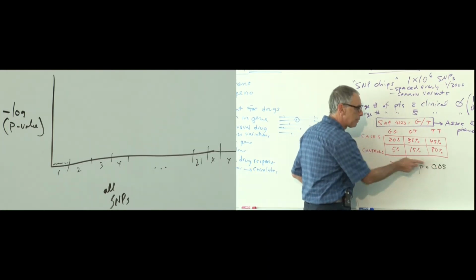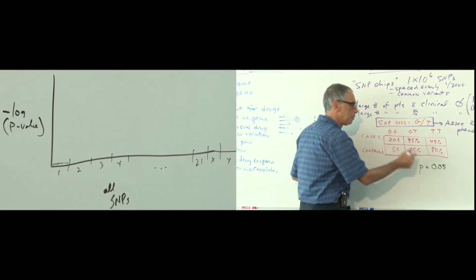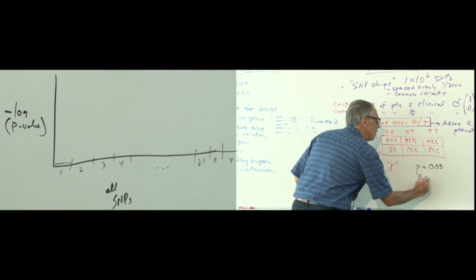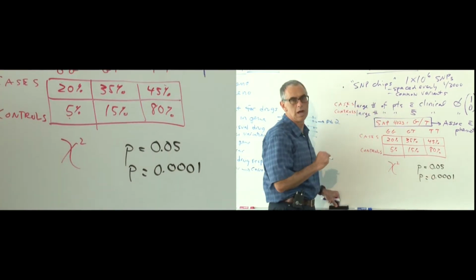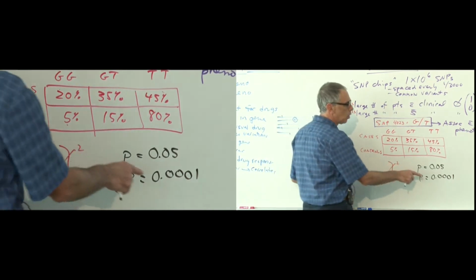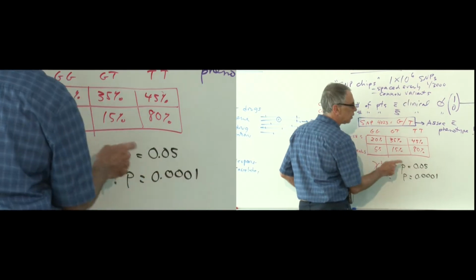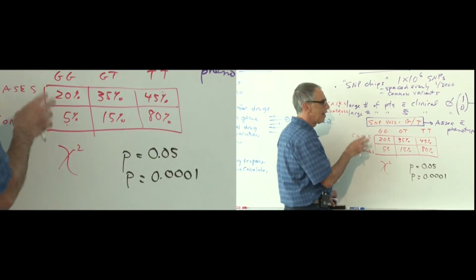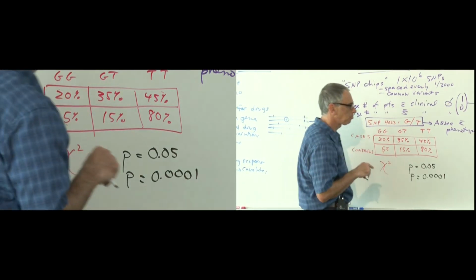But there's a 5% probability that they're not different, and it's just within normal noise. So a p-value of 0.05 is pretty confident. A p-value of 0.0001 is much more confident, because that means there's only a less than 1% chance that the null hypothesis is true. And it's by far more likely that these numbers are truly different.